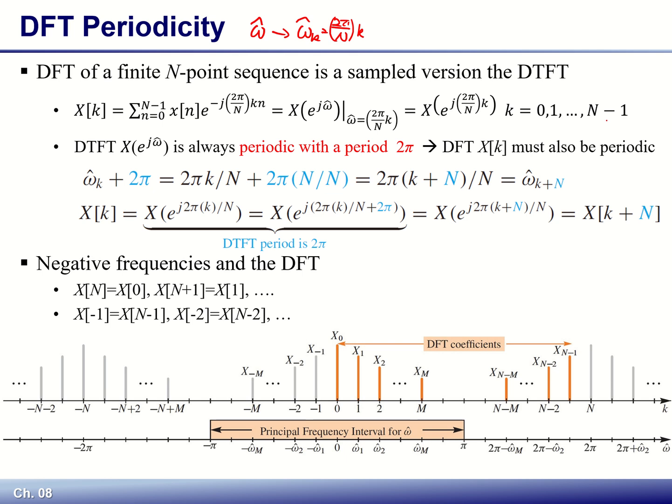Since the DTFT is always periodic with period 2 pi, the DFT is also periodic. Let's consider omega k plus 2 pi. So 2 pi is 2 pi times 1, which is 2 pi N over N. So we combine and extract 2 pi over N, then it will be 2 pi over N times k plus N. So instead of k, here it is N plus k.